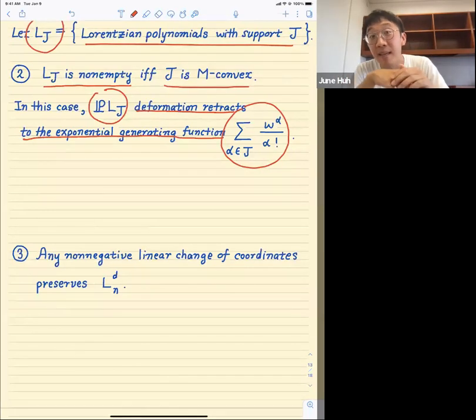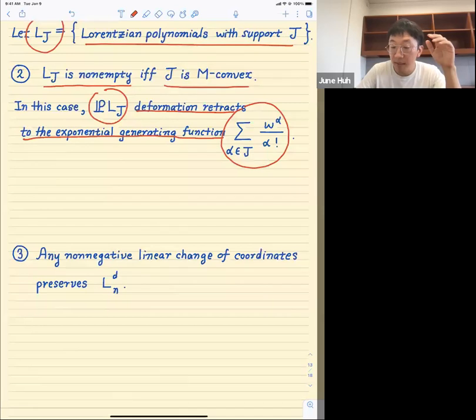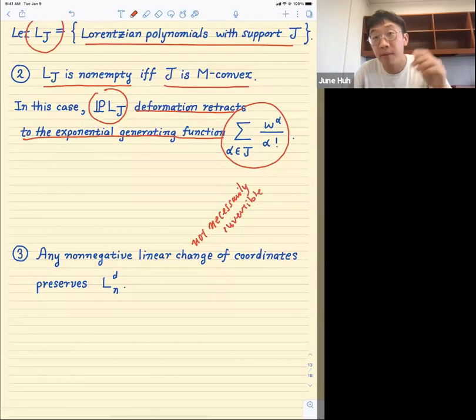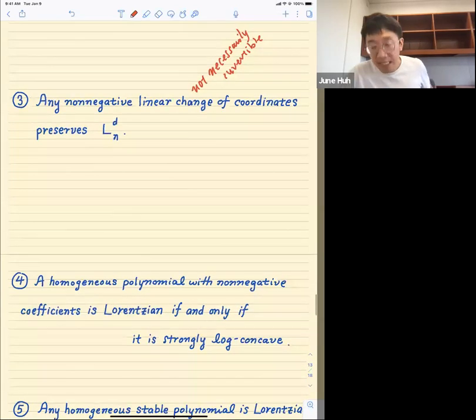And I'm saying that one generalized permutation always turns into some other generalized permutation. And here, by linear change of coordinates, I mean not necessarily invertible. So for example, you can set some of the variables equal to each other, as we have done in the proof of Mason's conjecture.